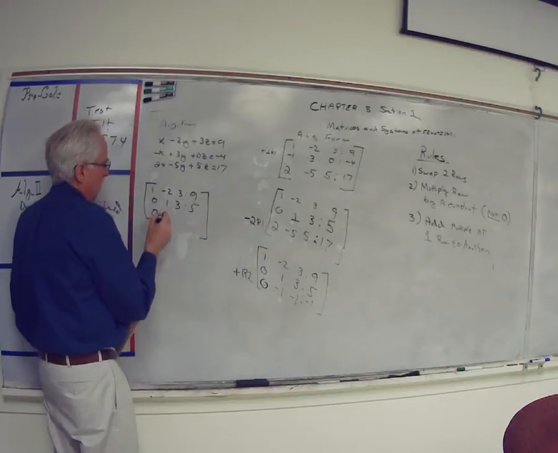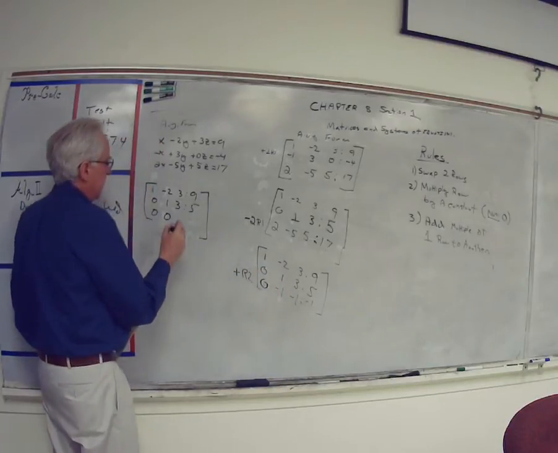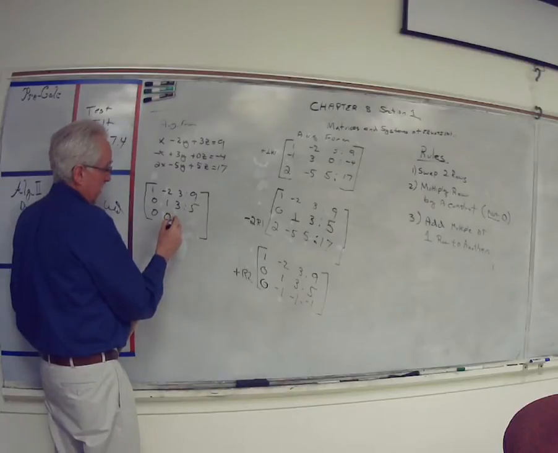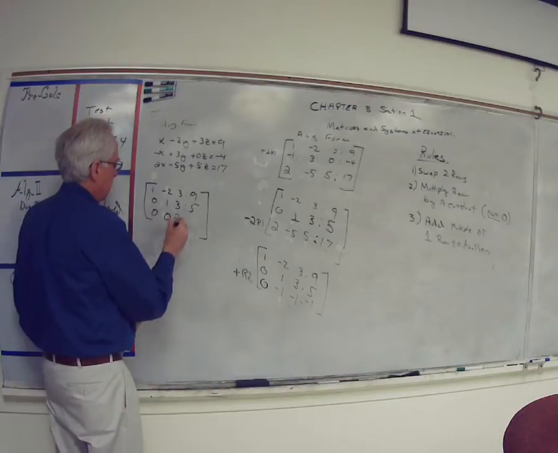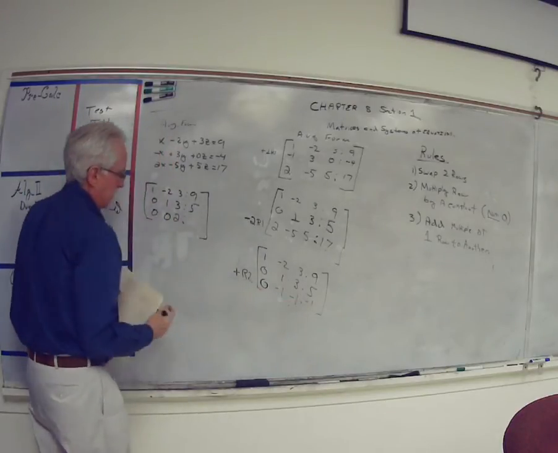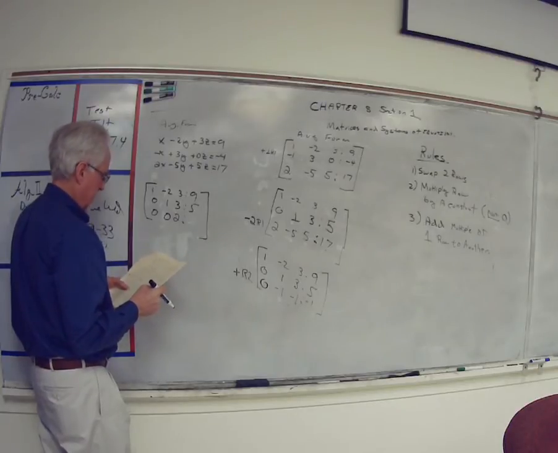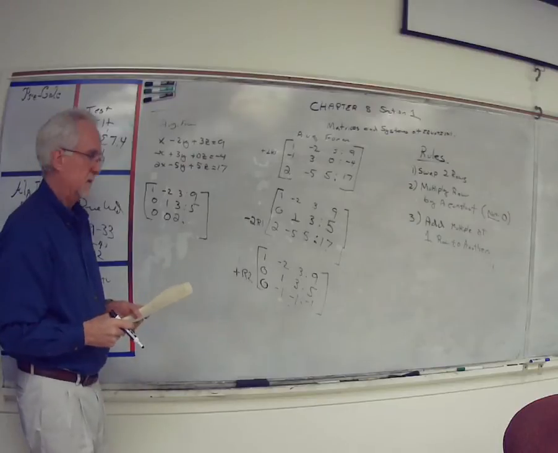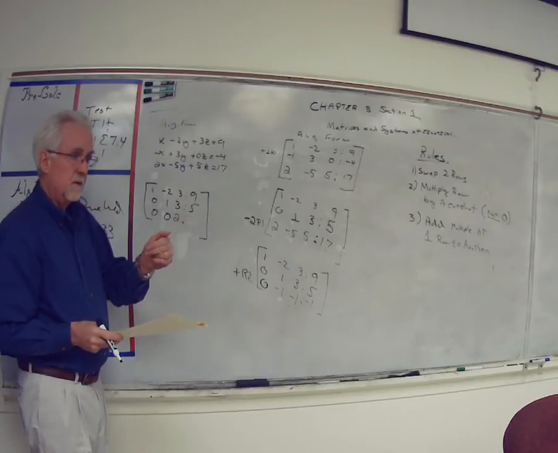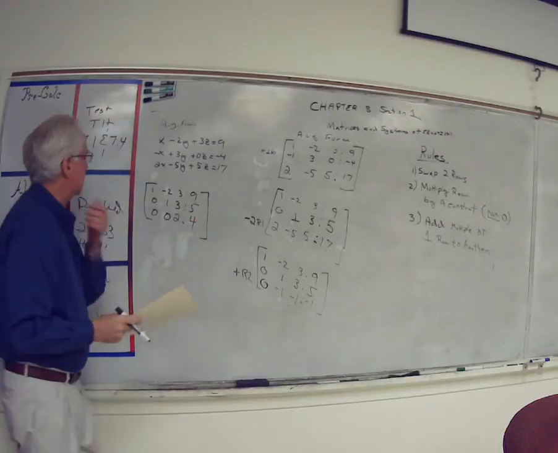Minus 1 plus 1 is? 0. Okay. And then minus 1 plus 3 is? 2. Okay. And then what is this? Negative 1 plus 5 is what? 4. Okay. Oh, wow. We're so close.